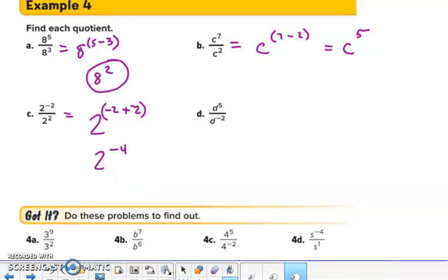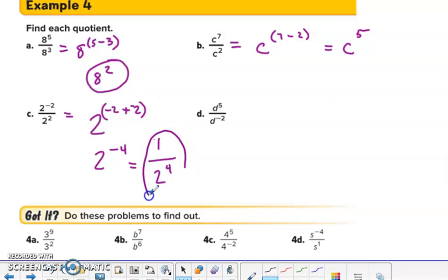Now notice that this does not tell us whether it has to have a positive exponent, but in our homework it does tell you to have a positive exponent. So you're going to have to put this downstairs, and remember to change the sign of that exponent. It's not so bad.